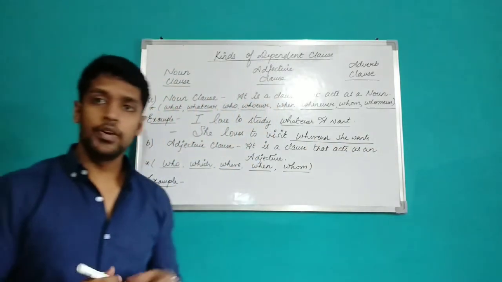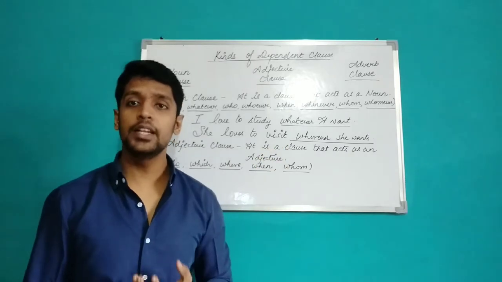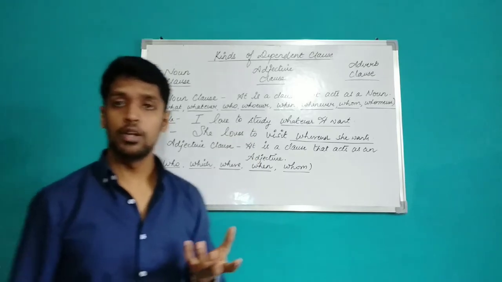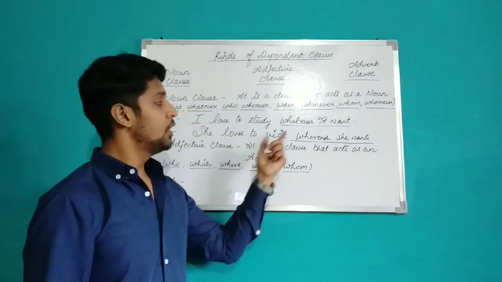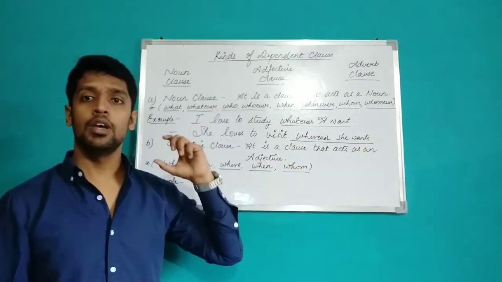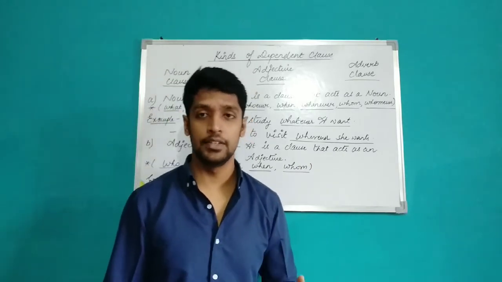Again, if you read the sentence, she loves to visit where? The sentence is incomplete because you do not know the noun in the sentence. She loves to visit what? So just to complete it, what I have done: she loves to visit wherever she wants. So wherever she wants is a noun clause because it is acting as a noun in the sentence.